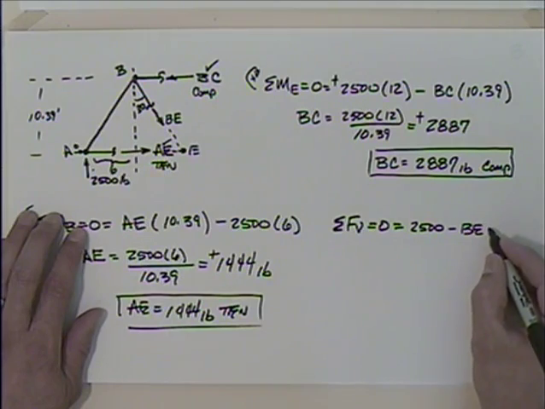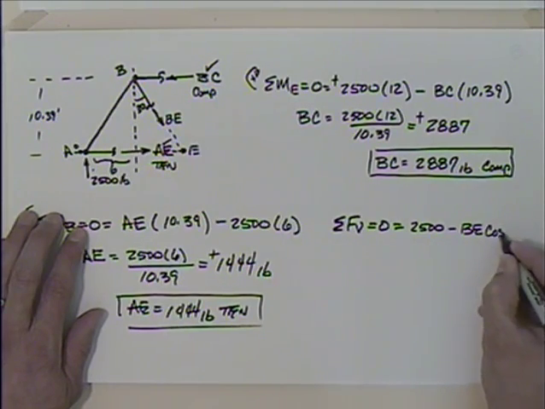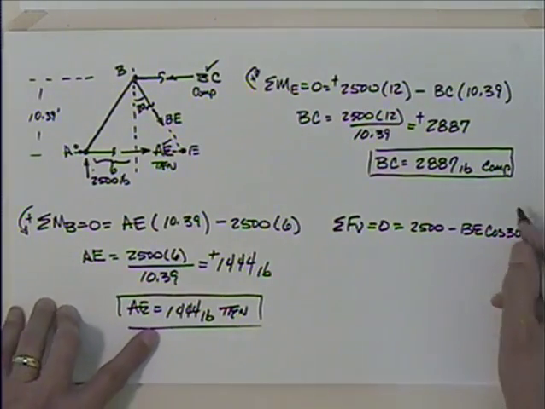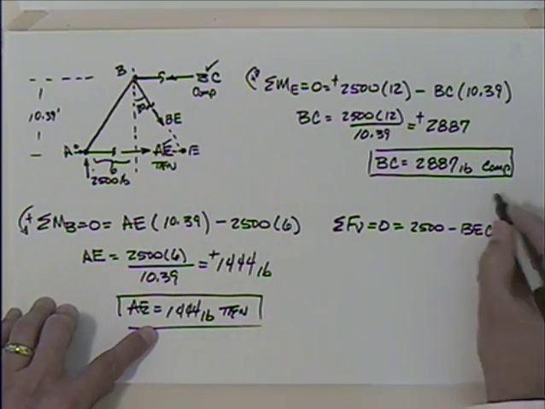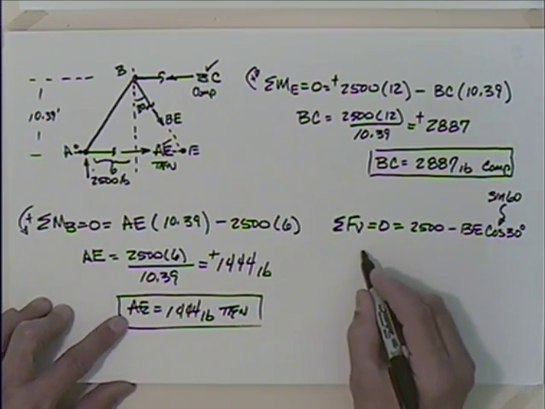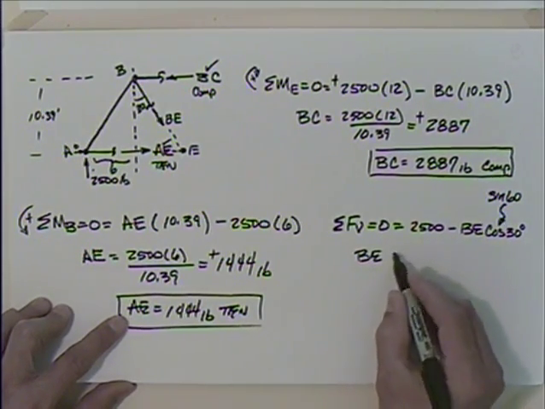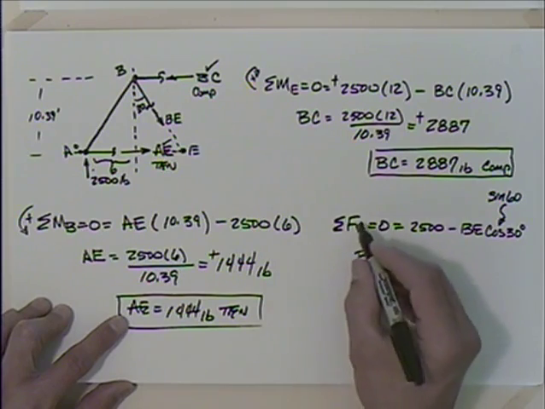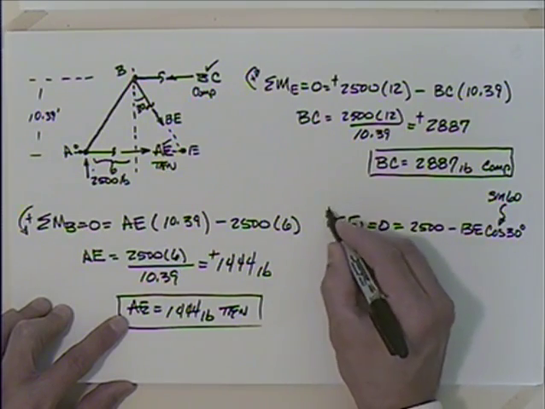So I could just say cosine 30 degrees. And if you're looking in the solutions, I think I said the sine of 60, which would be the same value. So we've got that BE is equal to, let's see, as the vertical, I was taking up as positive for completeness sake.